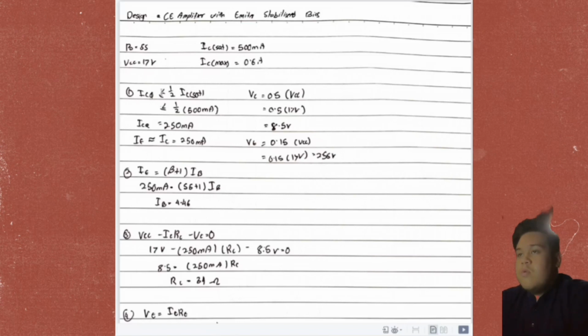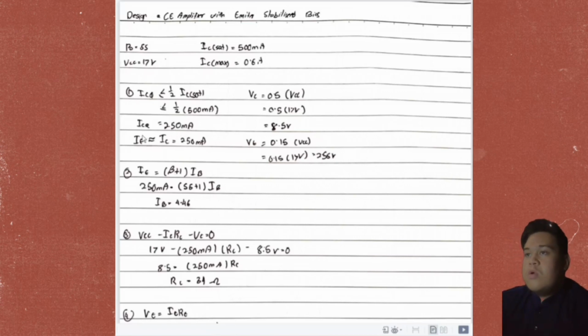So we can find the ICQ, which is ICQ equals 1 over 2 IC set. So we can find it with 1 over 2 times 500 milliamp. So we get the ICQ equal to 250 milliamp.